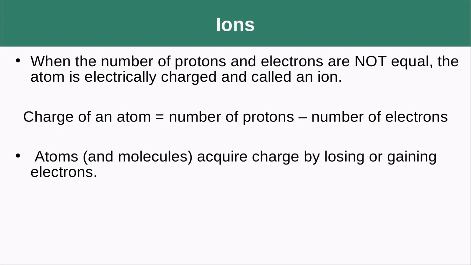And it's important to realize that atoms are only going to acquire this charge by losing or gaining electrons. They're never going to lose or gain protons in this process, because if they did, then they would be turning into other elements, and that would actually be like nuclear fission, which we're not really going to get into here.